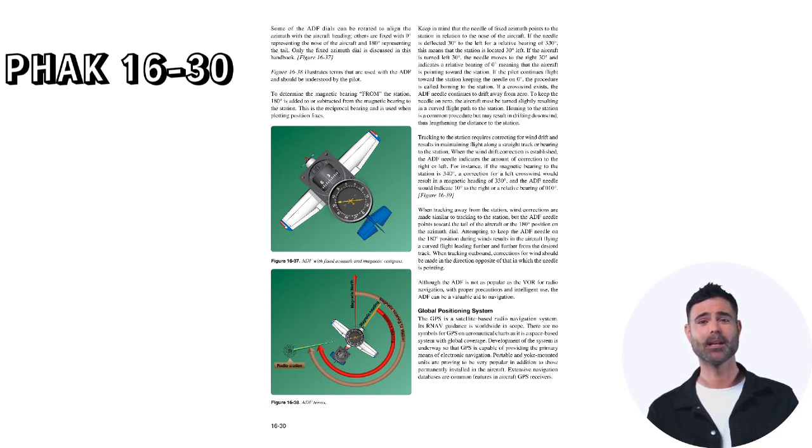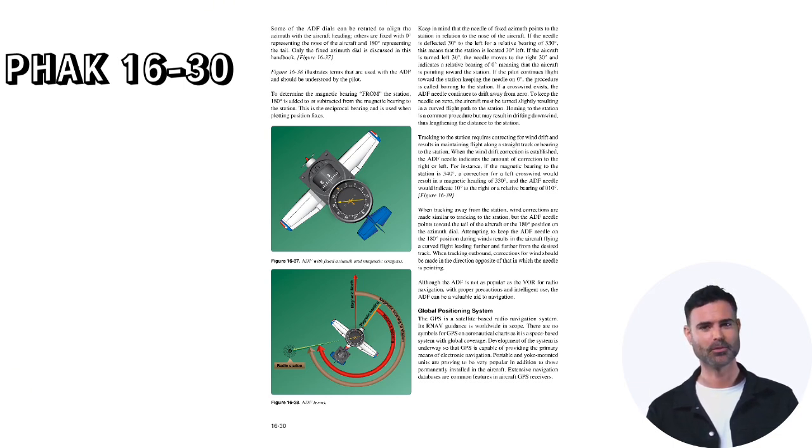Figure 16-38 illustrates terms that are used with the ADF and should be understood by the pilot. To determine the magnetic bearing from the station, 180 degrees is added to or subtracted from the magnetic bearing to the station. This is the reciprocal bearing and is used when plotting position fixes. Keep in mind that the needle of fixed azimuth points to the station in relation to the nose of the aircraft.